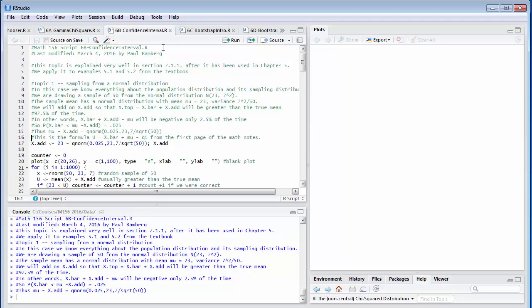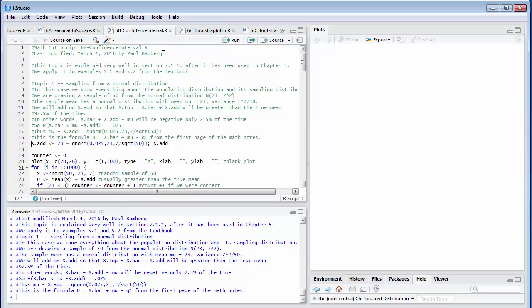You're trying to guard against the probability that you got a sample that is much, much smaller than the expectation, and therefore you want to add on something that is the difference between the true parameter, the expectation, and the 0.025 quantile, the value below which you will go only 2.5% of the time.